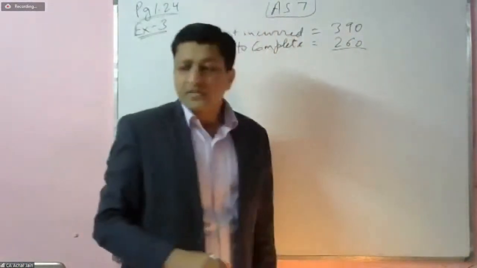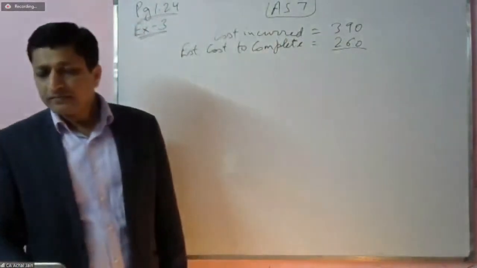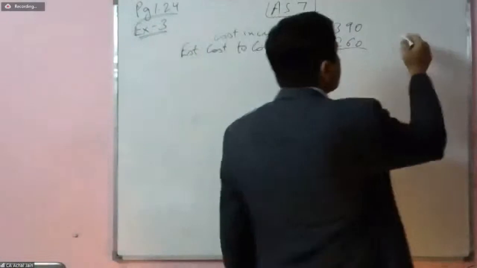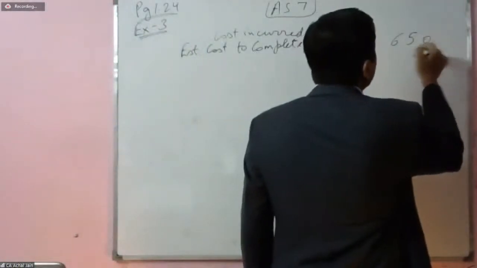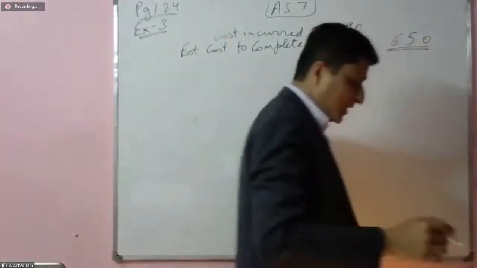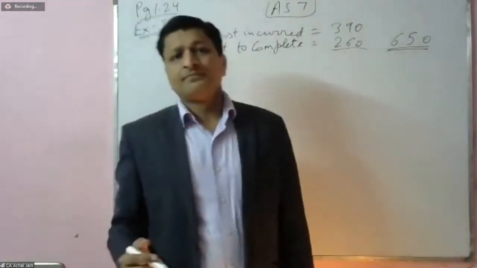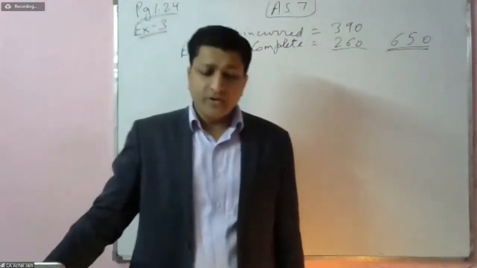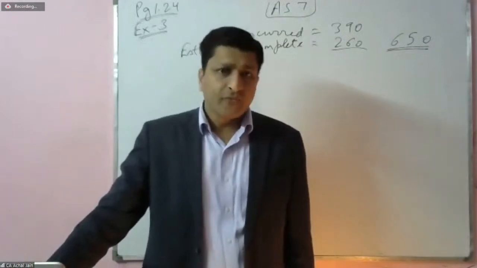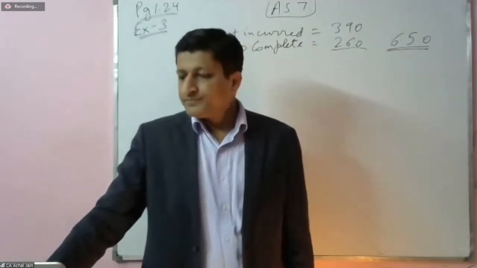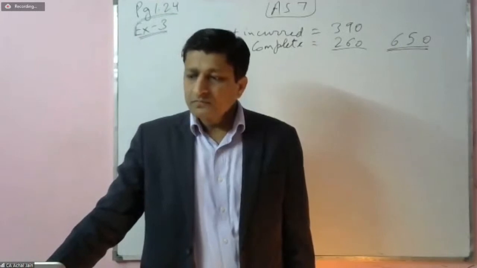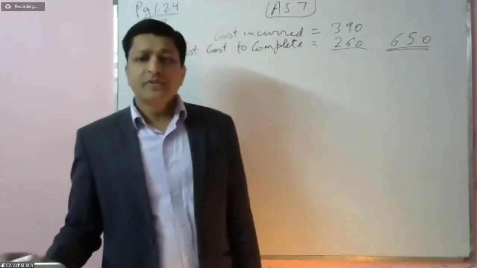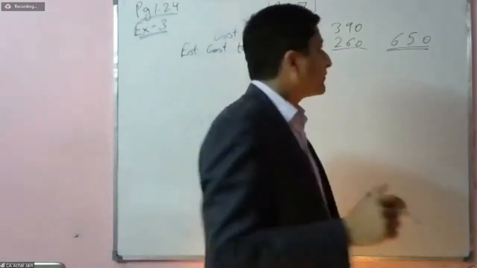So only this much information is available. So the total cost to complete the contract is going to be 650. And let's also compare the total cost with the total contract revenue.